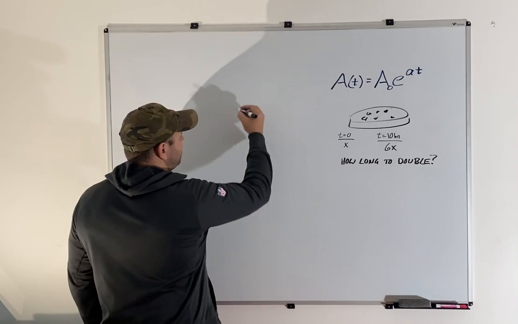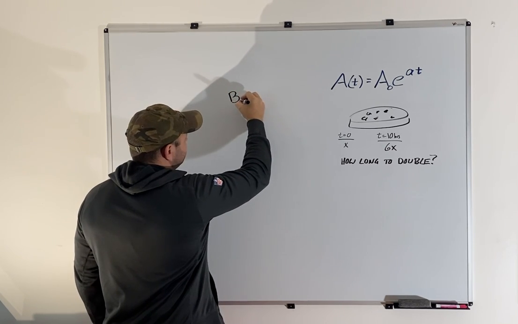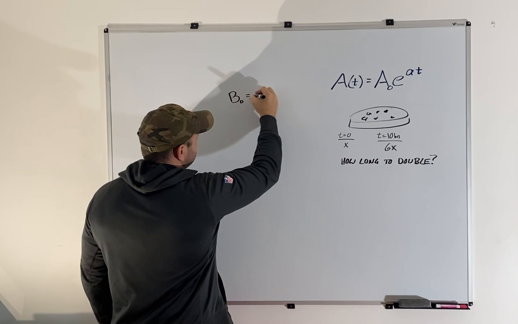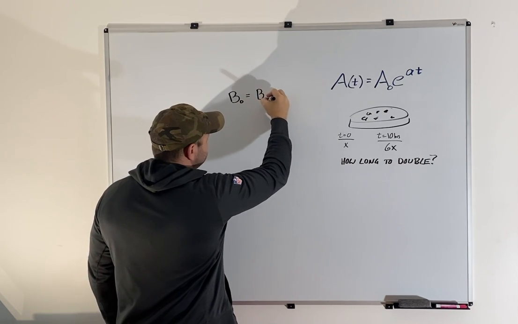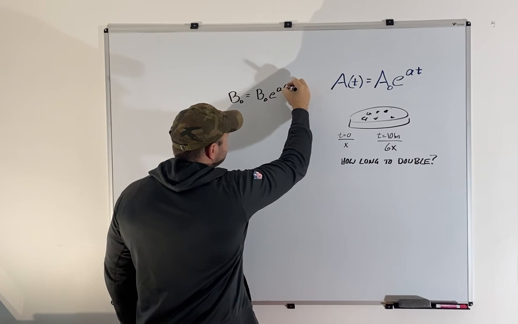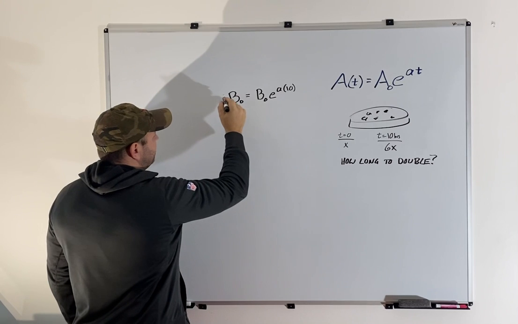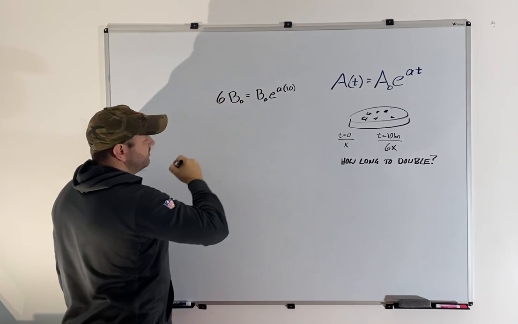So we can say the amount of bacteria B0 equal to B0 e to the a times 10 hours. And then I'm just going to slap a 6 over here.